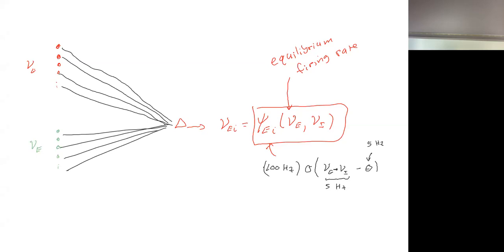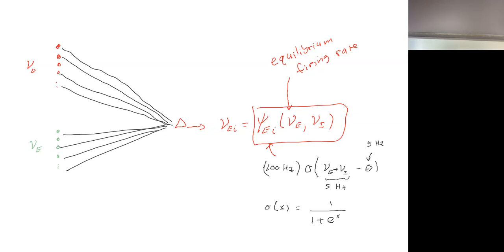On the other hand, if the excitatory and inhibitory firing rates are the same, this is a sigmoid of minus 5 hertz, and it's not that much. So by the way, the sigmoid function, sigma of x equals 1/(1 plus e to the x). Okay. So it's just a function that goes from 0 to 1.